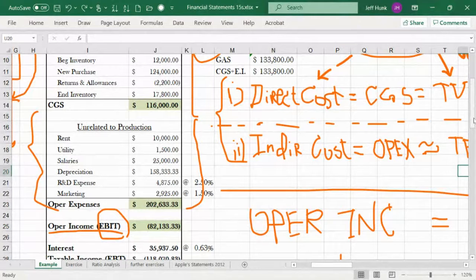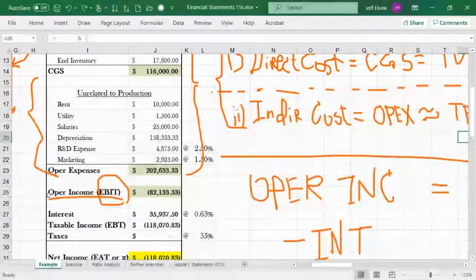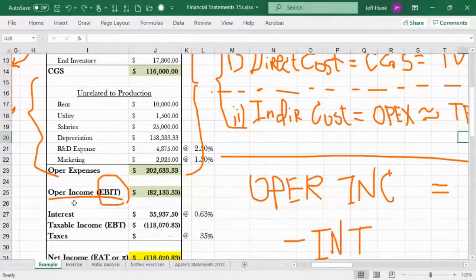But for every human being, if you have money coming in and money going out, your instinct tells you to subtract money going out from money coming in, right? And then we arrive at operating income or operating profit, right?